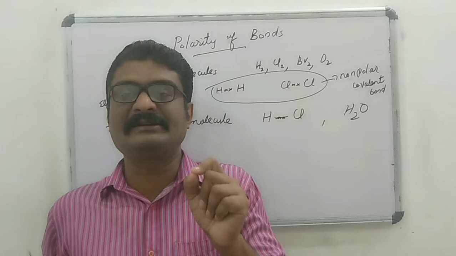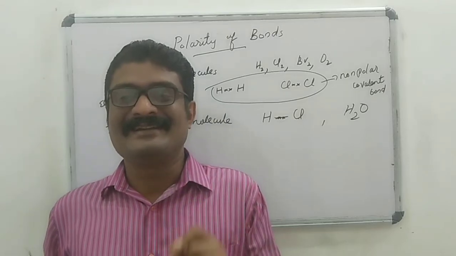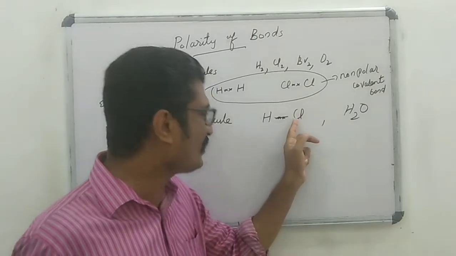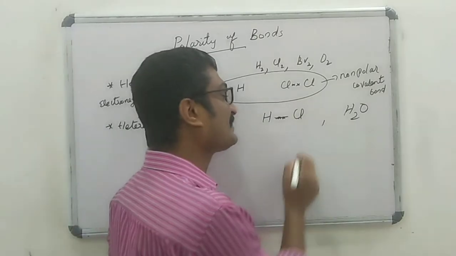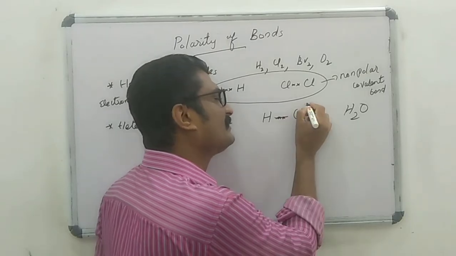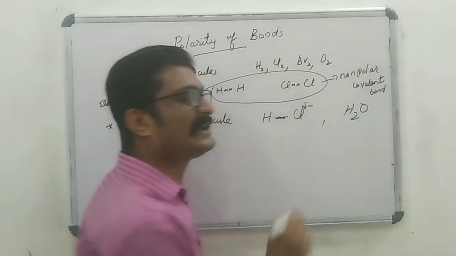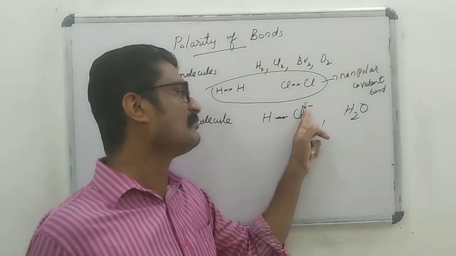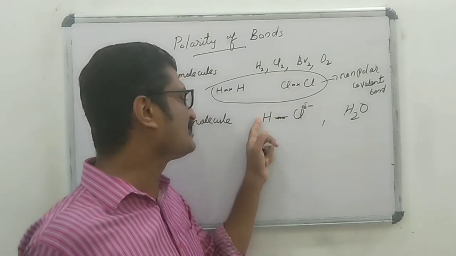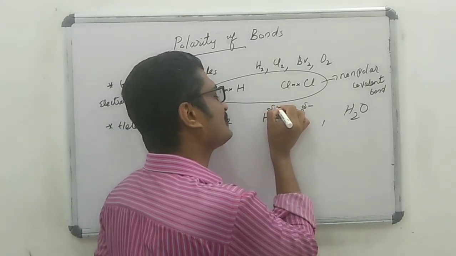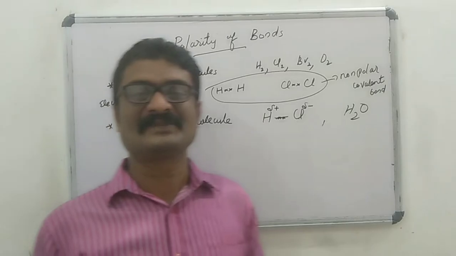Hence, the electron density around the chlorine atom increases, and chlorine attains a slight negative charge, indicated by delta minus. The electron density around the hydrogen atom decreases, and hydrogen attains a slight positive charge, delta plus.